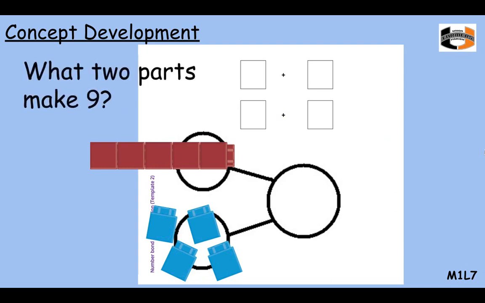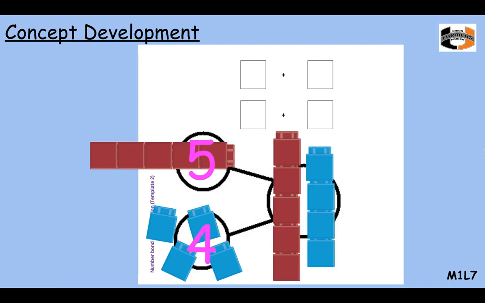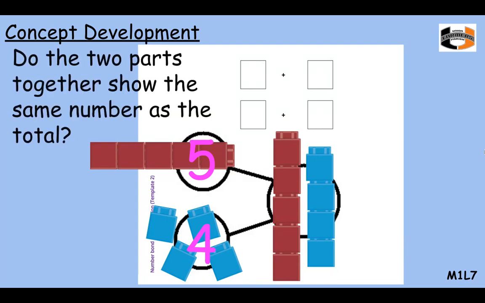What 2 parts make 9? 5 and 4. And we can put all of those cubes in the total box of the number bond to represent that they make a total of 9. So do the 2 parts together show the same total?